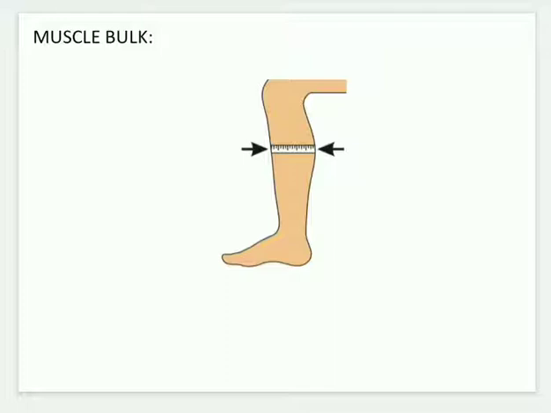The circumference is measured at all 3 points, and you can compare it with the normal side to see whether there is atrophy or change in muscle bulk.